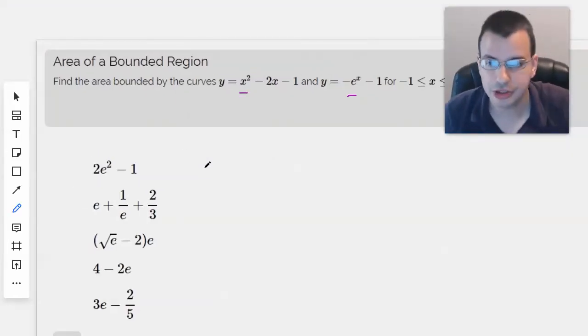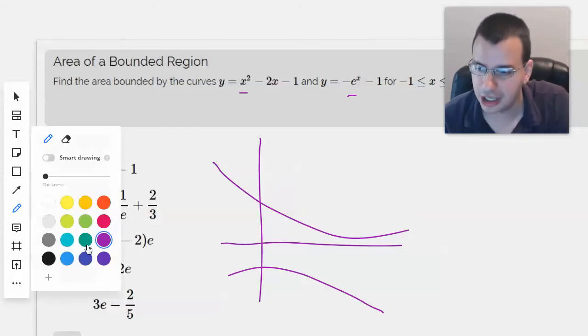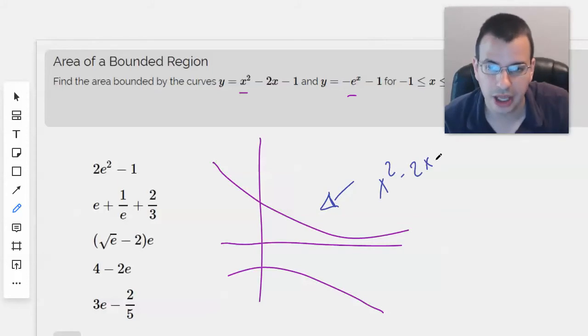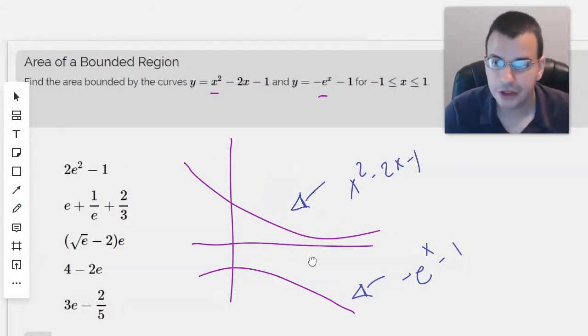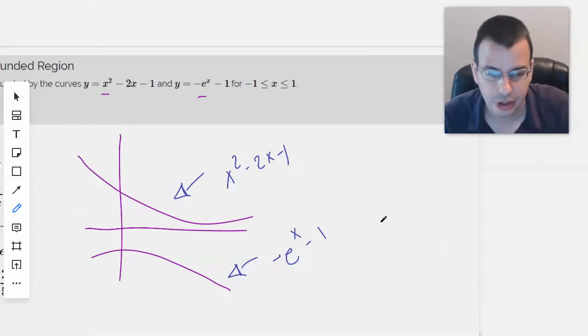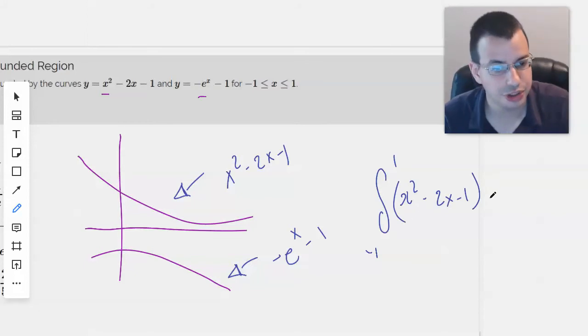So I'm going to draw those out real quick. So we have something kind of like this, something kind of like that. Not drawn to scale, but that's okay. And this will be x squared minus 2x minus 1, and this will be negative e to the x minus 1. Now, we're going to do the integral from negative 1 to 1 of x squared minus 2x minus 1, because we know that's the one that's going to be on top.